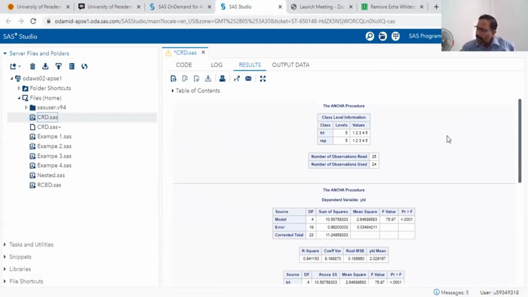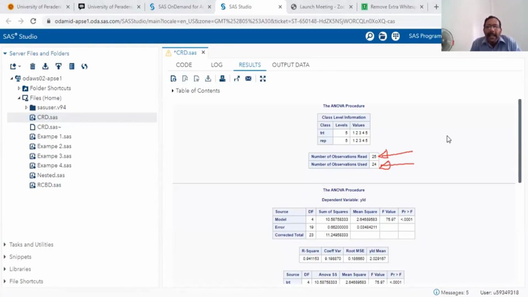So we had 25 data. You could see here the number of observations read is 25 because including that dot. Actually, the number of observations used for analysis is 24. So he has used only 24 for analysis. He has omitted one, kicked off one, right?